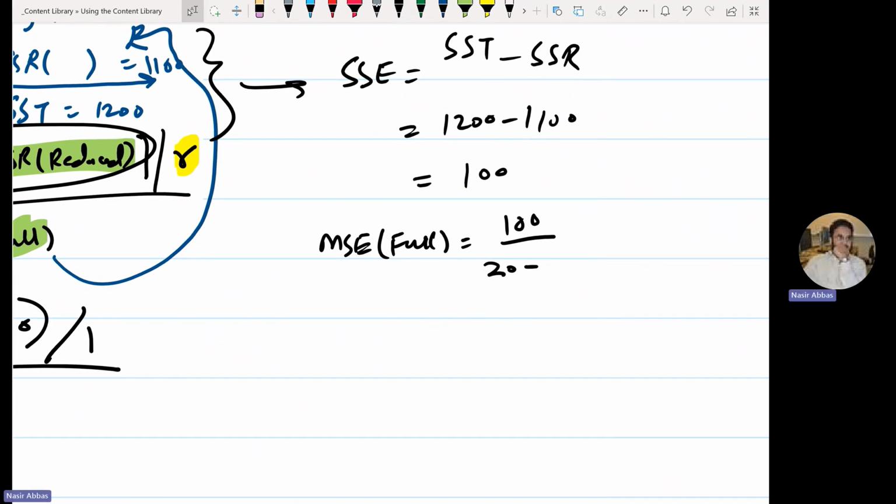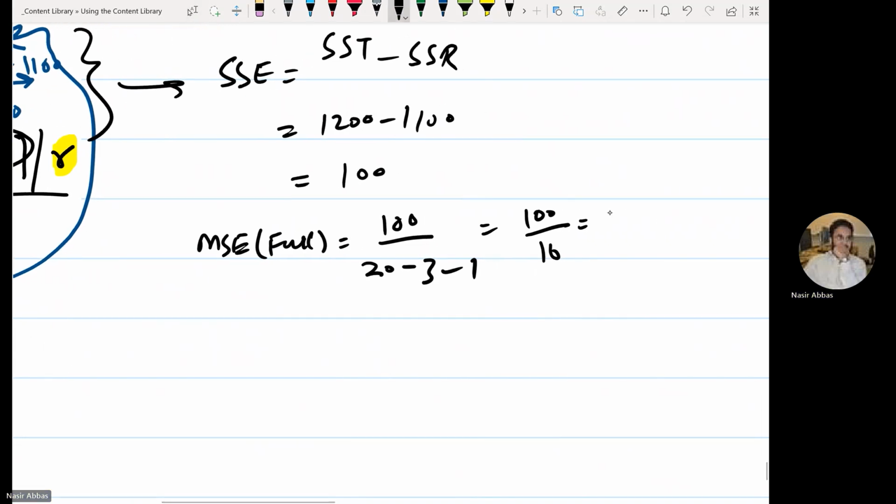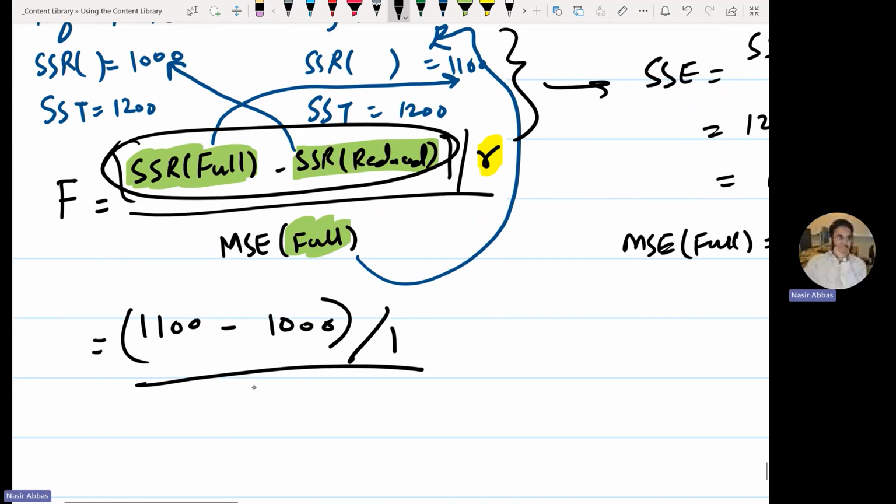Full model, 3. N minus k minus 1. So this is 100 divided by 16, which is 6.25.